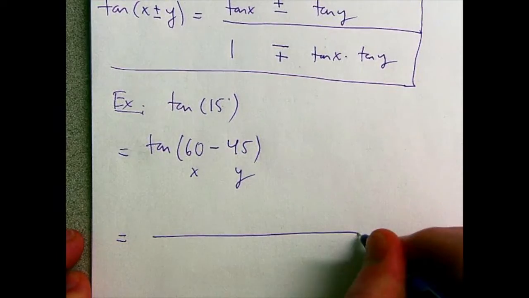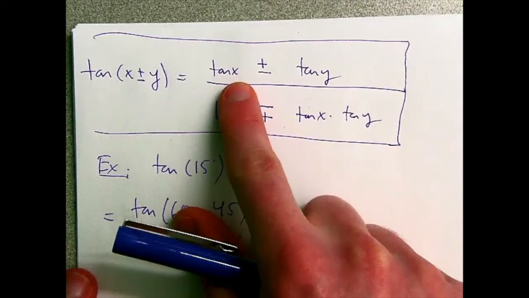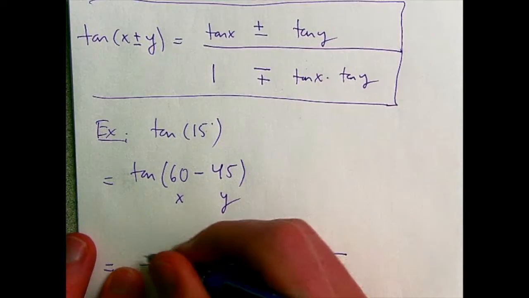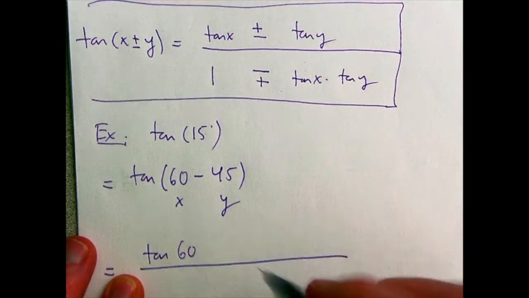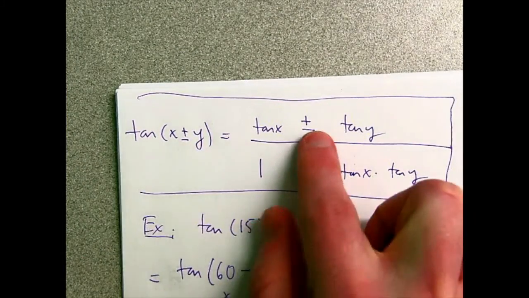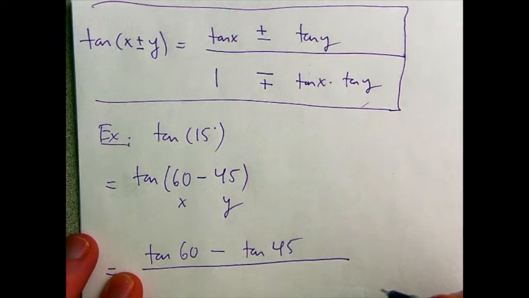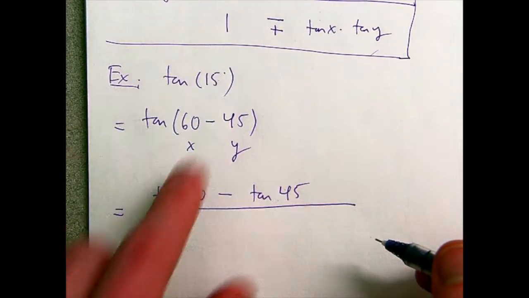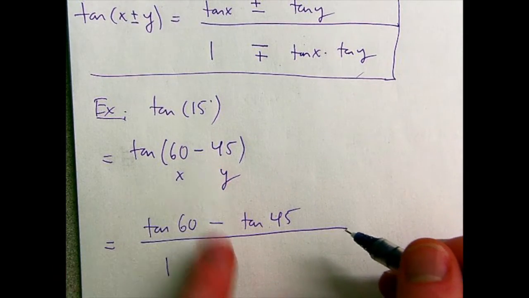So I have a big fraction bar. So what do I have? I have tangent of x, so that's tangent of the first thing, so tangent of 60. And then since there's a minus here, I should have a minus here, so minus tangent 45. And then a 1, and then since there's a minus here, there should be a plus here.